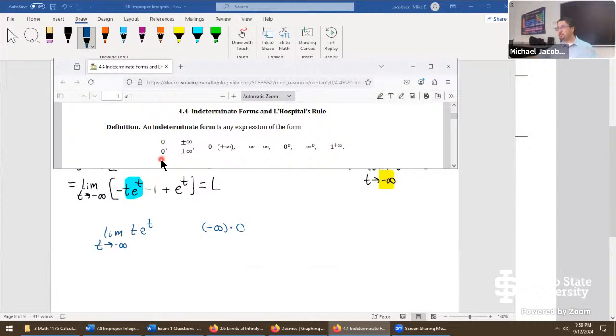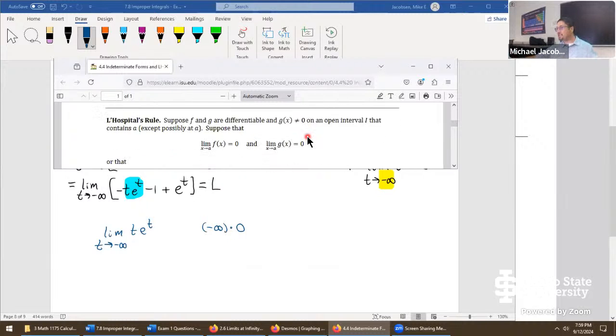Anything that comes in as 0 over 0, any variety of infinity over infinity, or we have this one, infinity times 0 and the others, these are indeterminate forms. Anything can now happen with these things. This could become 0 in the limit, it could become infinity in the limit, or it could settle on some finite number. Indeterminate means we have no clue. You cannot do this limit by working out any form of arithmetic there.